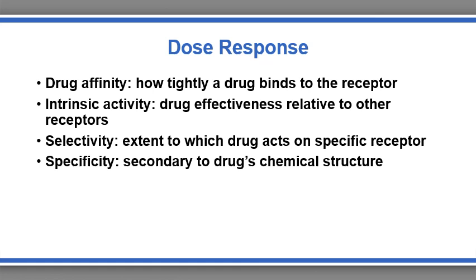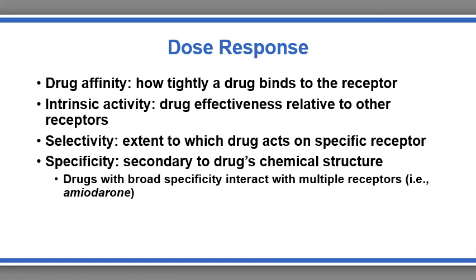Obviously there could be multiple types of cardiac arrhythmias. While it's nice because it has a widespread clinical application, there's also a much greater chance of side effects. As opposed to a drug that is very specific, it may not have the overall clinical usefulness to treat something, but you limit some of those non-intended or negative side effects.